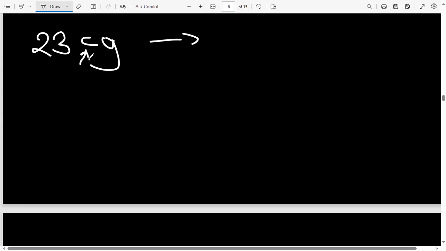It's 10 to the power negative 2. So wherever there's a cent, we're just going to put 10 to the power negative 2. So this will be 23 multiplied by 10 to the power negative 2, and then we say grams.